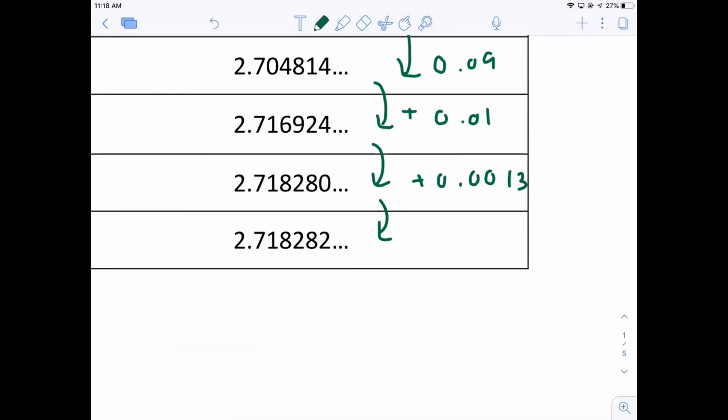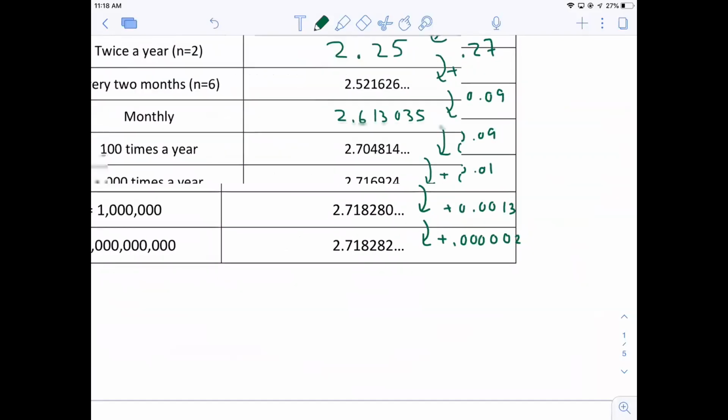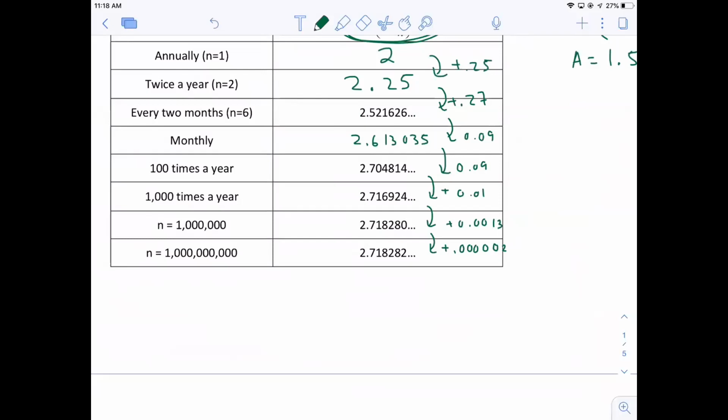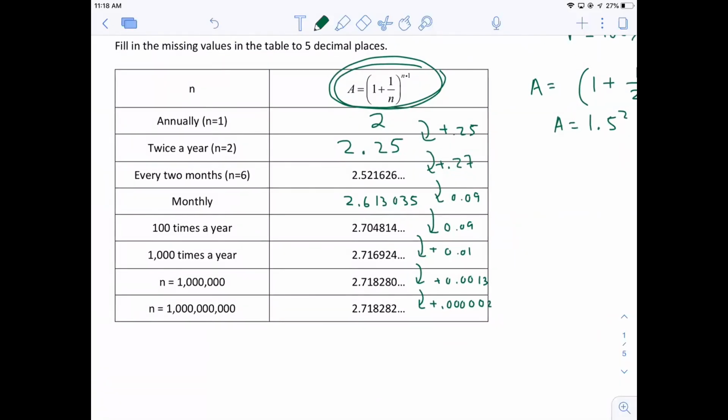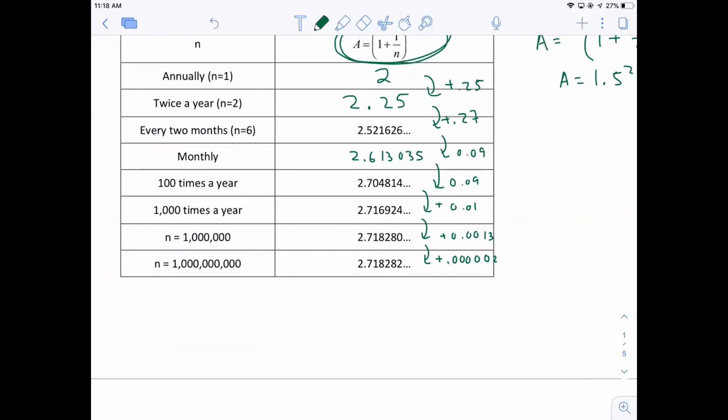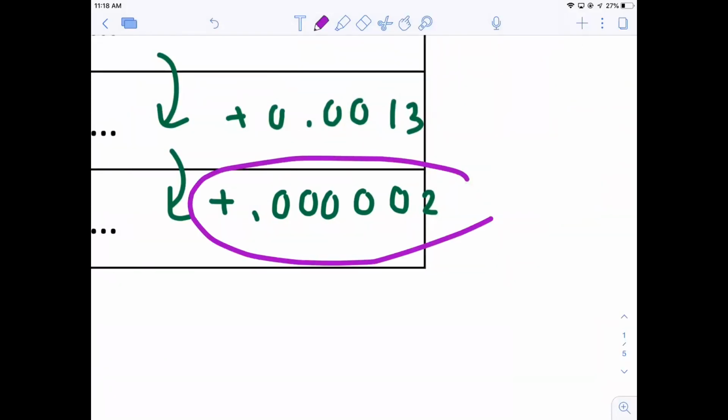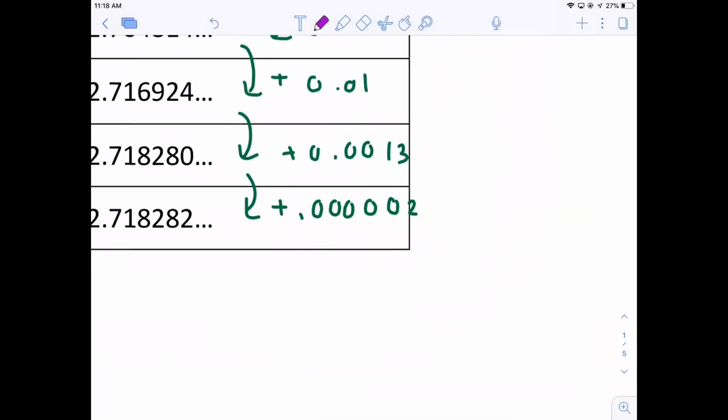Now we're only going up by plus 0.00002. There are 5 zeros and then a 2. So do you guys see what's happening? We're changing our compounding frequency from 1,000,000 to 1,000,000,000. That's a huge jump, right? That's 1,000 times. But the amount of change there is really, really, really small.